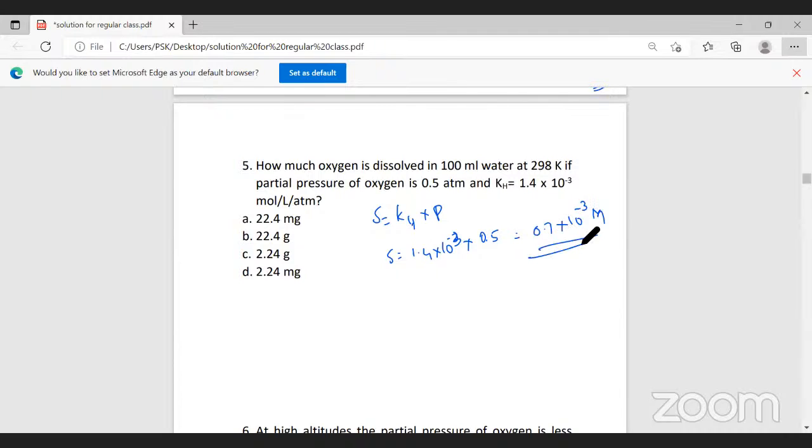Now they're asking how much oxygen is dissolved. In order to find the oxygen dissolved, we should know that this is nothing but solubility, so we can say molarity. What is the formula to calculate molarity? Molarity is given by the number of moles of solute divided by the volume of the solution.